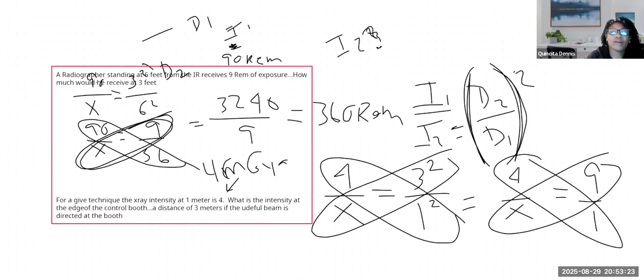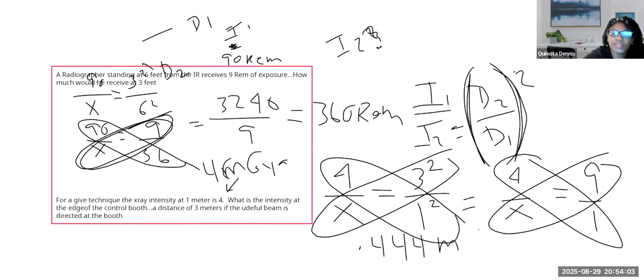All right, is it 4 divided by 9 or 9 divided by 4? All right, so the answer is 0.444 milligrams in air.